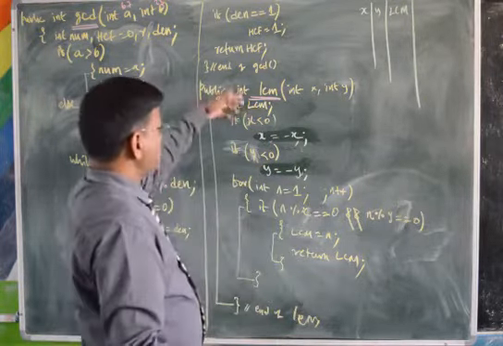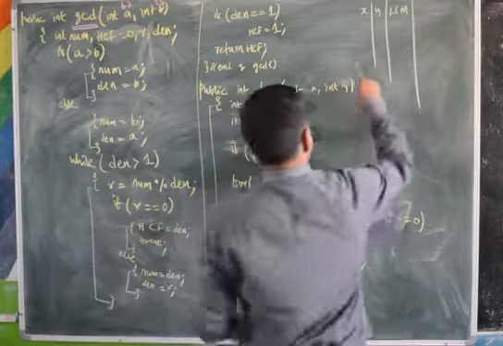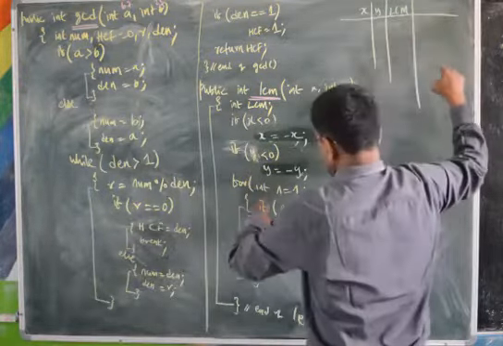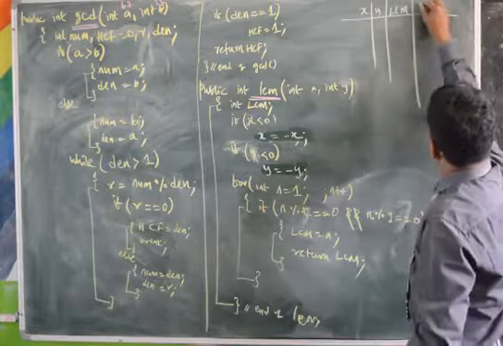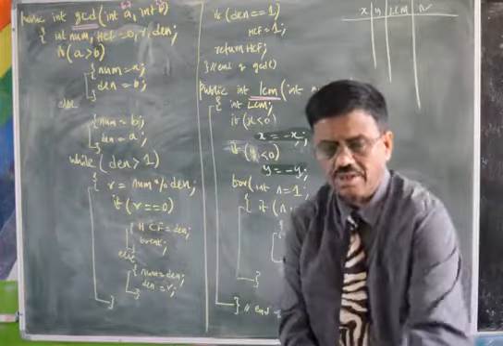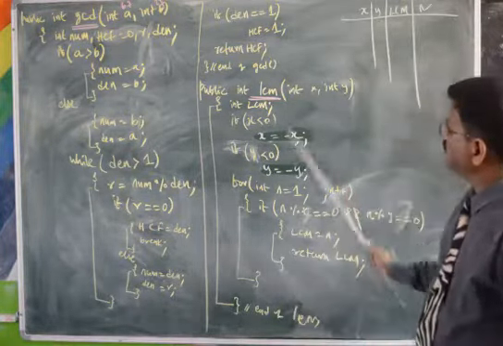There is no A and B here. You have X, Y, LCM. Let's see that, then the N value. Let's see how this runs the program.